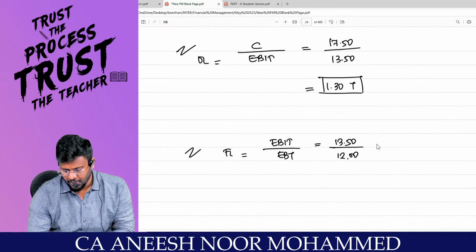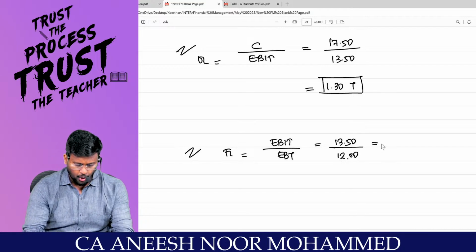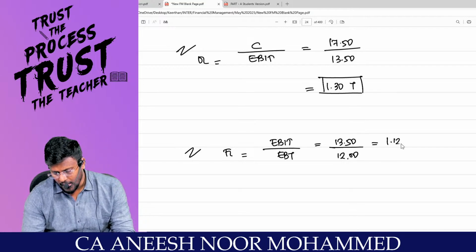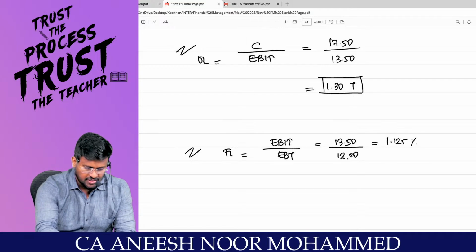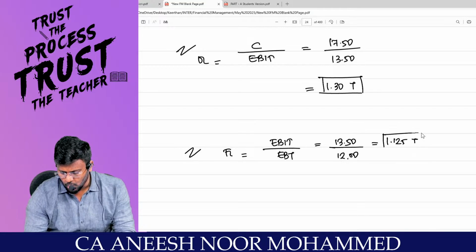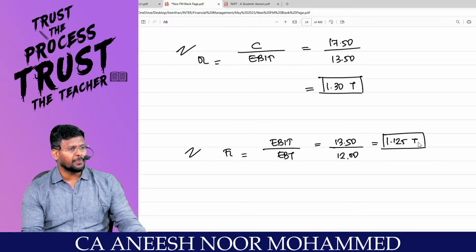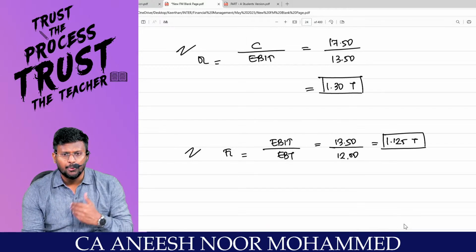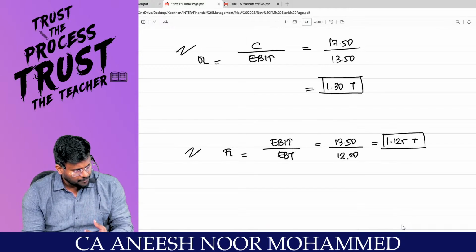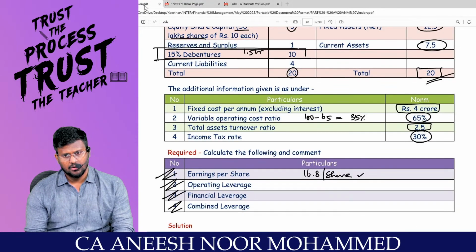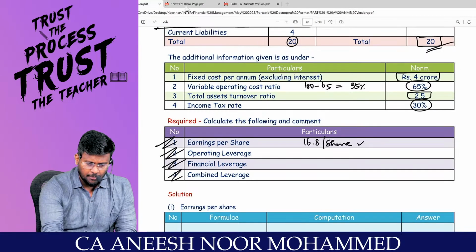That means 13.5 divided by 12 comes to 1.125. That means if there is a 1% change in EBIT, will lead to 1.125% change in EPS. Right, sir?